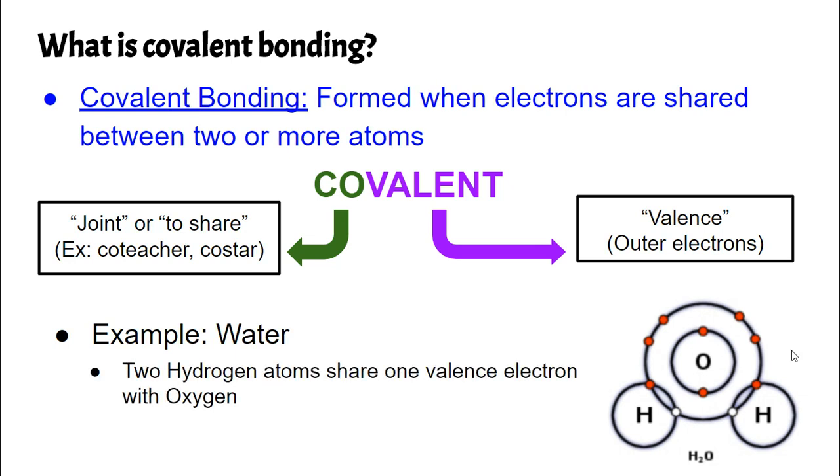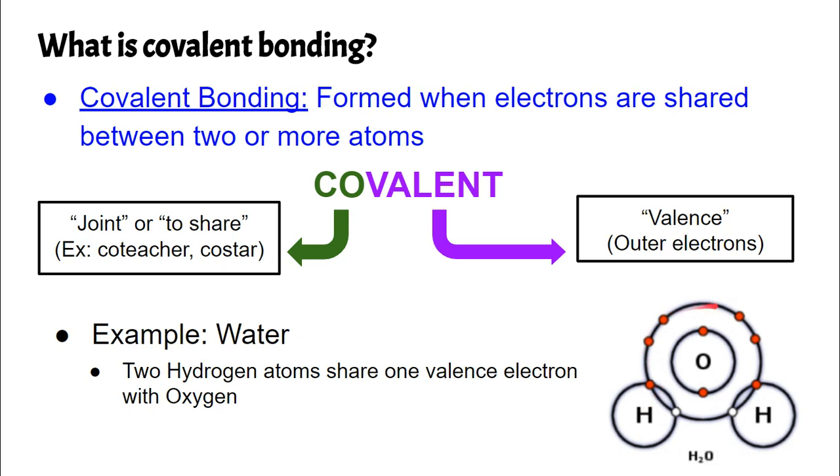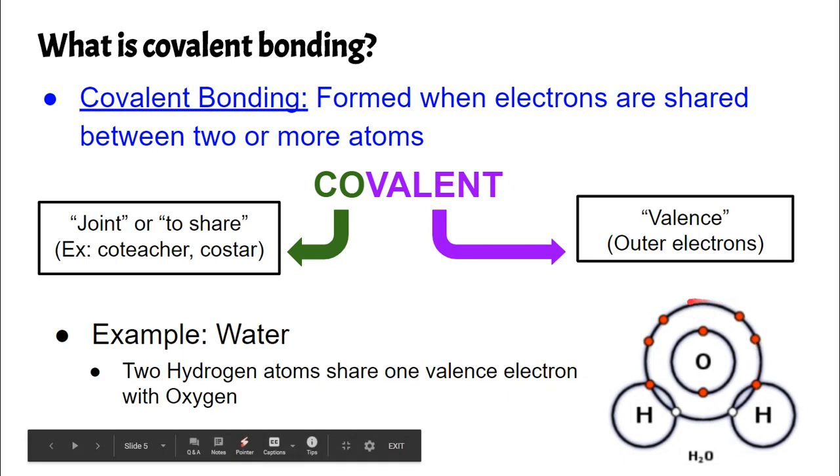Our water molecule, our oxygen. So our oxygen has 6 valence electrons, highlighted in red. And each of these hydrogen atoms has 1 valence electron here in white. So in a water molecule, our 2 hydrogen atoms are going to share their valence electrons with oxygen.